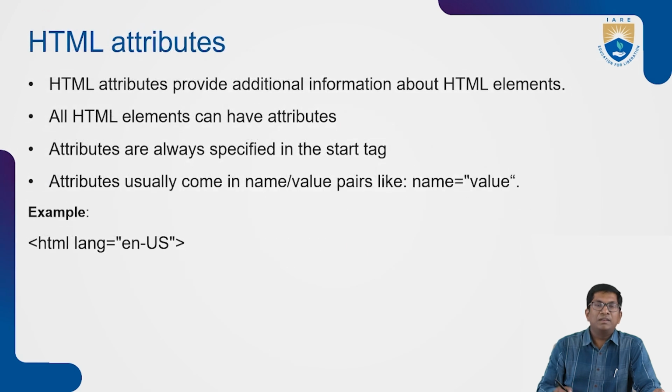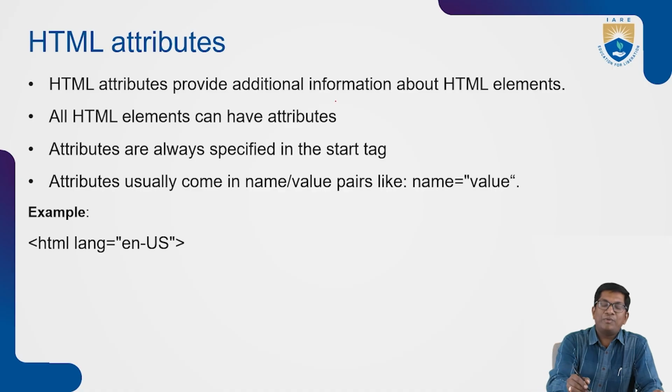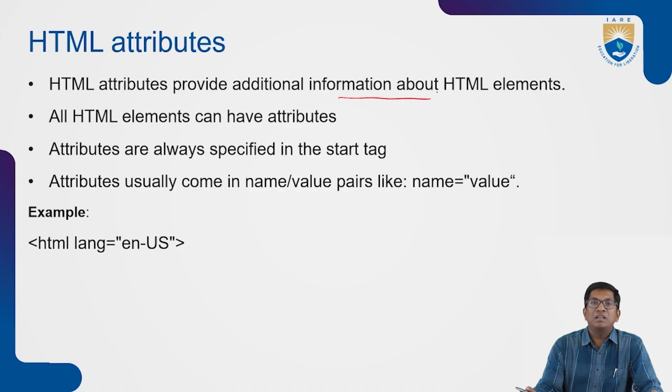Next, HTML also contains attributes. What are attributes? An attribute provides additional information about HTML elements. All HTML elements can have attributes. Most tags contain attributes, which are features, some additional information about the tag.